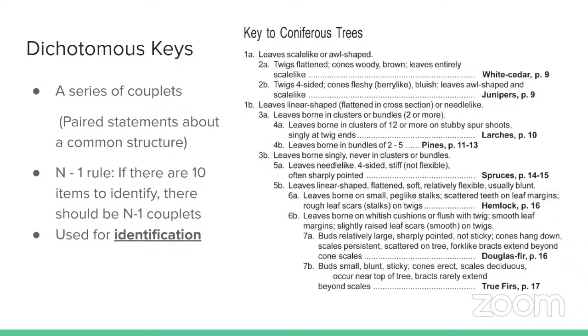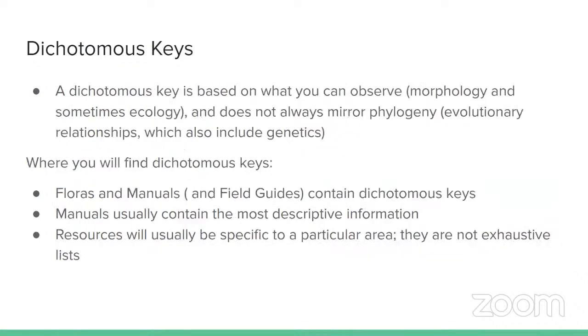This is different from our phylogenetic tree. A dichotomous key is just based on things you can observe. So it's only useful if you can look at it out in the field. If we tell you something about its evolutionary relationship, then ask you to assess that, and you are out in the woods, maybe you have a magnifying glass, maybe you have a couple chemicals, some basic tests you can do out in the field.